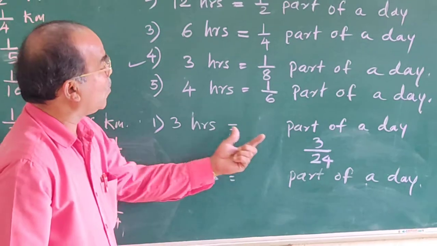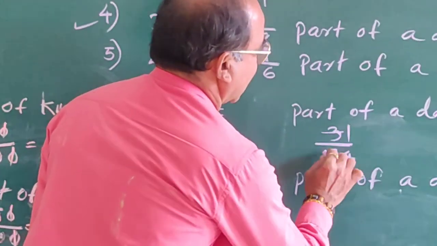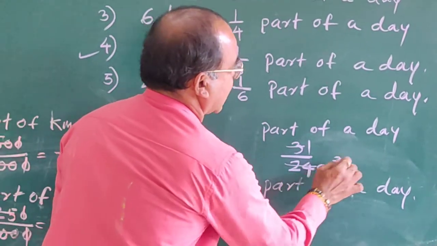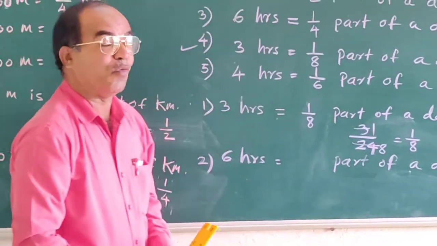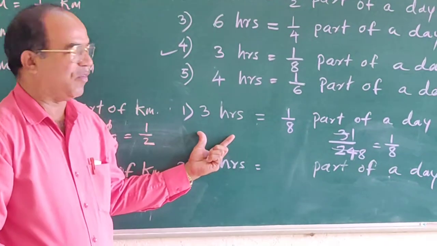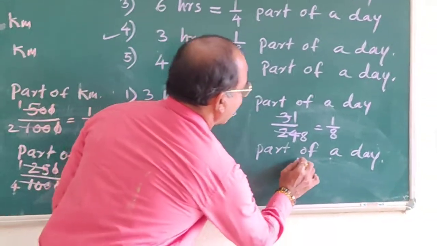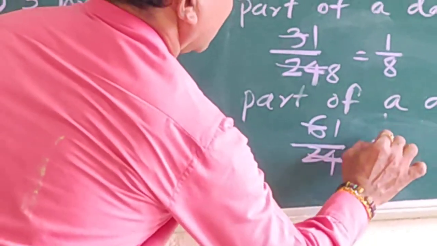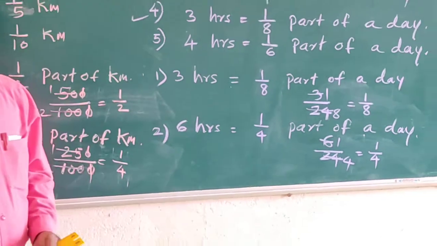Because we are finding what part of day, and one day is equal to 24 hours. 3 ones are 3, 3 eights are 24, so it is 1/8. So 3 hours means 1/8 part of a day. Then 6 hours, we can say 6 divided by 24, which is equal to 1/4. So it is a 1/4 part of a day.